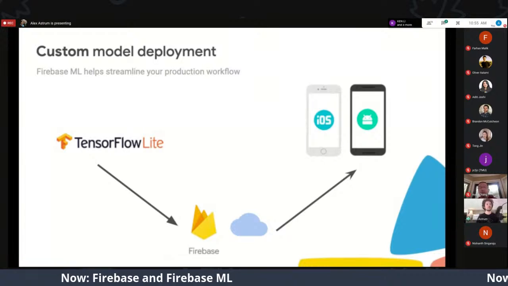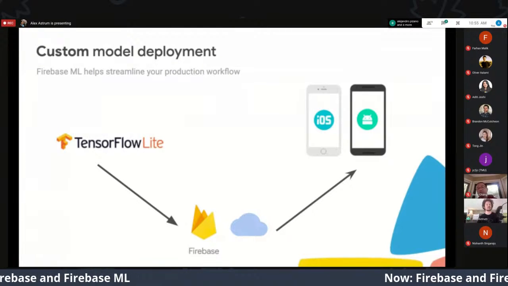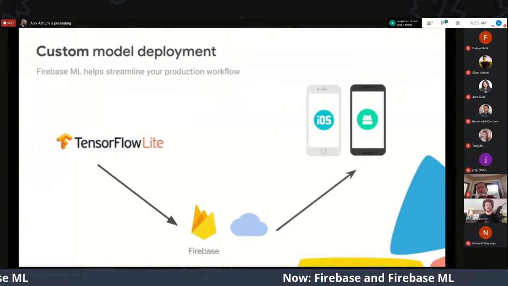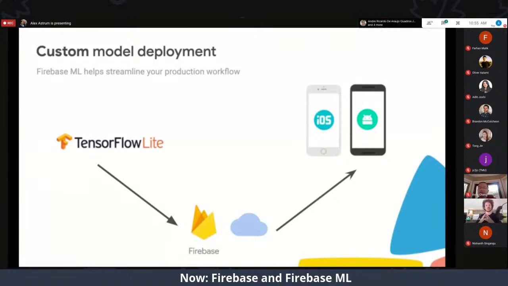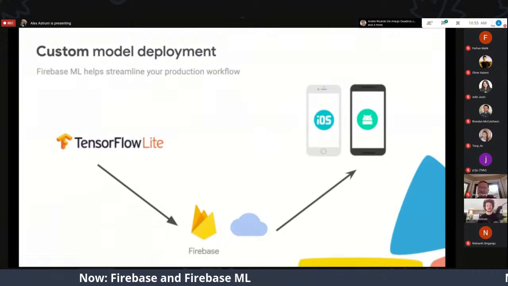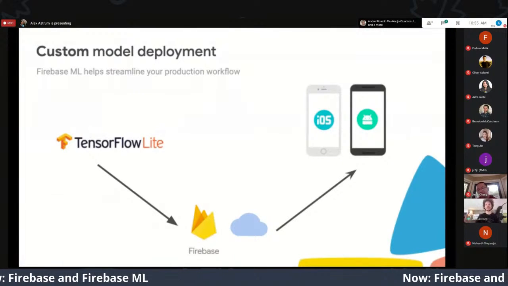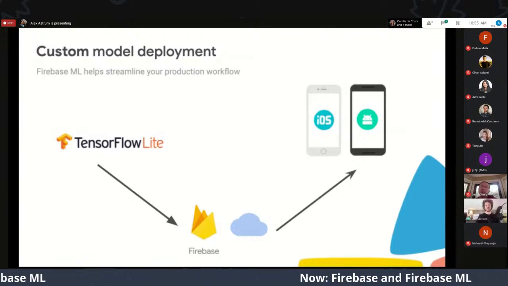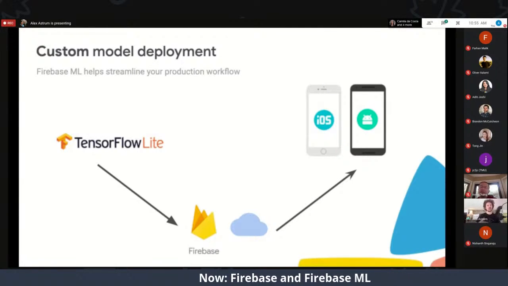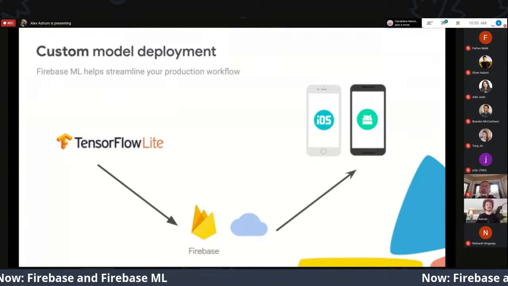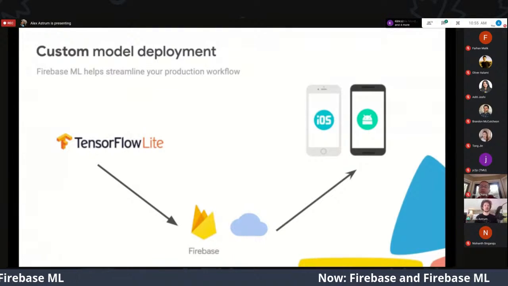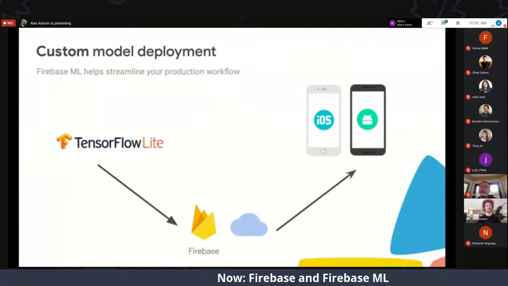So when would you want to actually use this custom model deployment workflow? It's essentially whenever your model still has good performance after being compressed into a TF Lite model. So take your initial model, do some benchmarking, see how good it is, then export it as TF Lite and do the benchmarking again. If you're happy, then probably your model is ready to run on your devices, and then go ahead and try it.